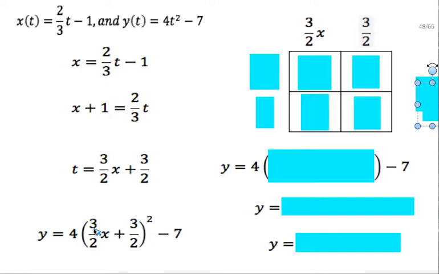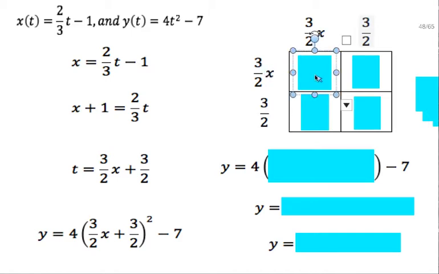Your 3/2 times x goes above this box, and 3/2 goes over this box. We're going to do the same thing on the sides. Then for each of these boxes you multiply whatever you have on the column by whatever you have on the row.